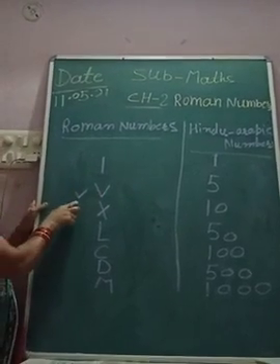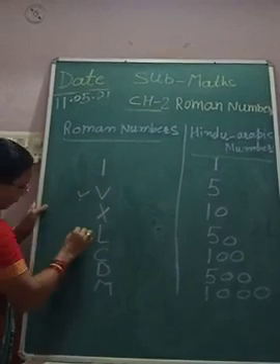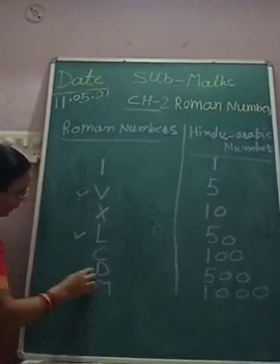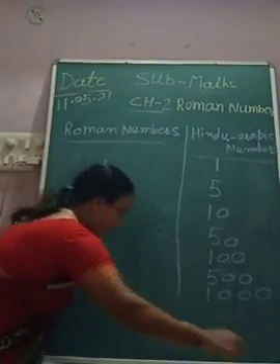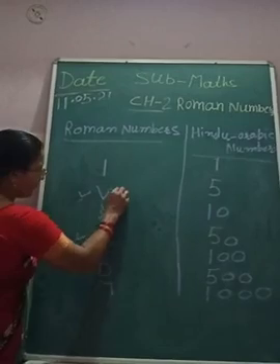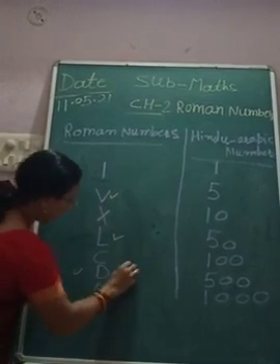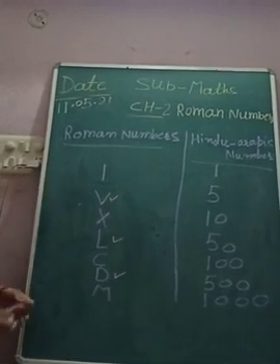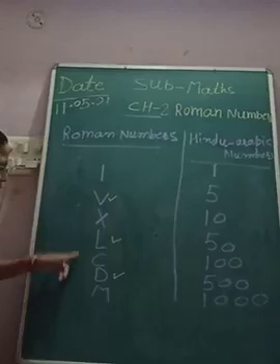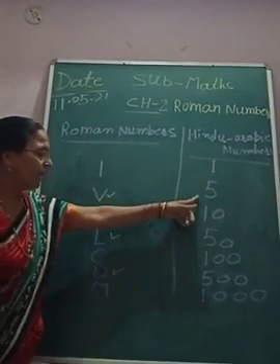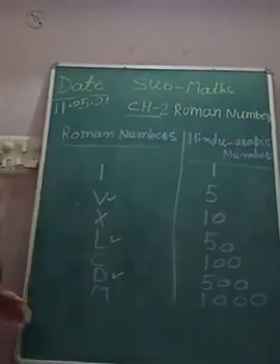V means 5, L is 50, and D is 500, Roman numerals that you can read as 5, 50 and 500.